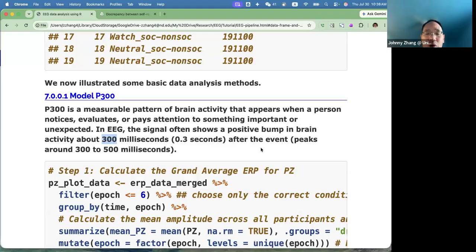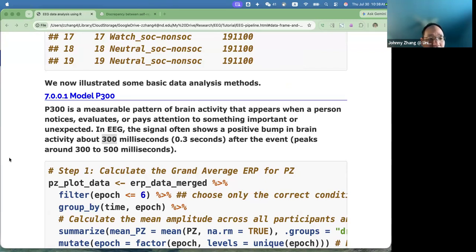Which means you will often see a large change, for example, previous signals may look like this, and then you may see a jump around 300 milliseconds. Often you can observe it between 300 to 500 milliseconds. So this kind of pattern is called a P300.